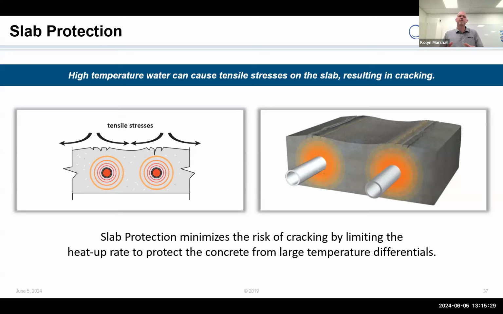And as the temperature of the slab comes up, the return temperature starts to come up. So you start to approach our desired design delta T in the system over the initial couple of hours of response. It's very, very difficult, if not impossible, to hydronically shock a concrete slab, but very, very possible to do it with an electric system.